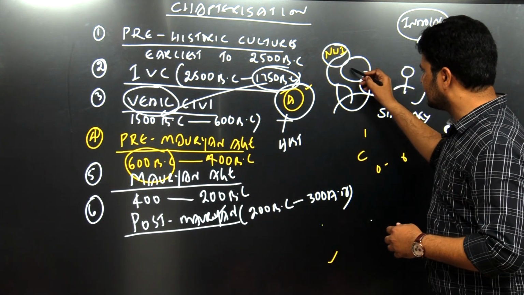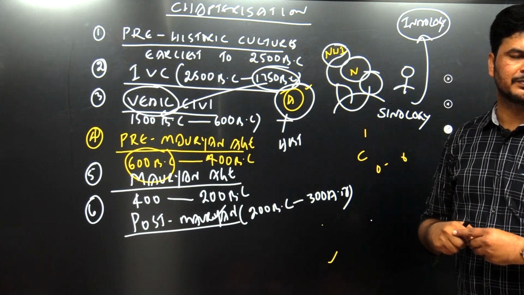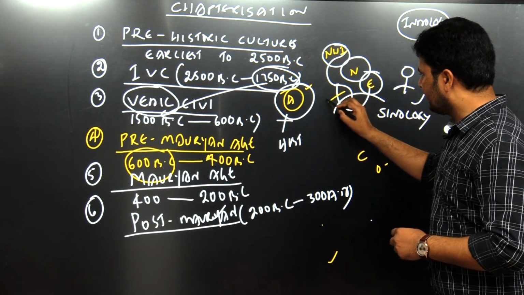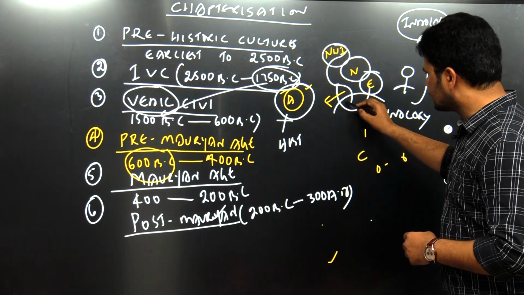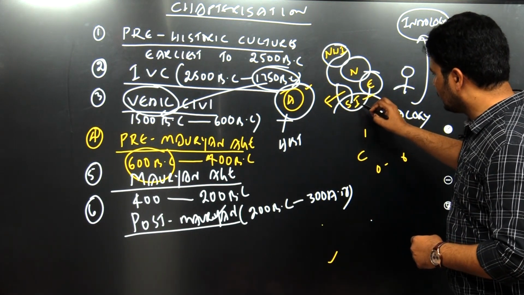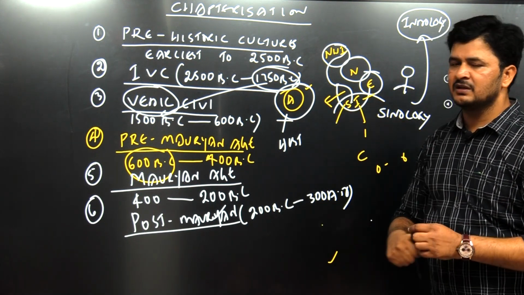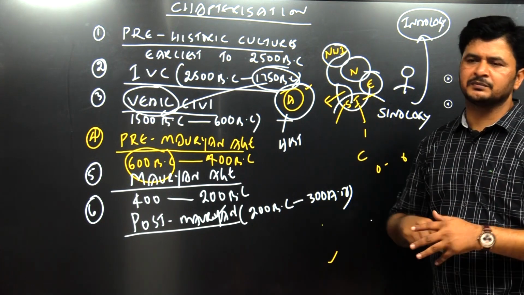When it comes to North India, we have Shungas, Kanvas, very briefly. Followed by Eastern India, Kalinga, Kharavela, followed by Deccan, your Satavahana dynasty. When it comes to South India, we have Cholas of North Tamil Nadu, Pandyas of Southern Tamil Nadu, Cheras of Kerala, Malabar coast.